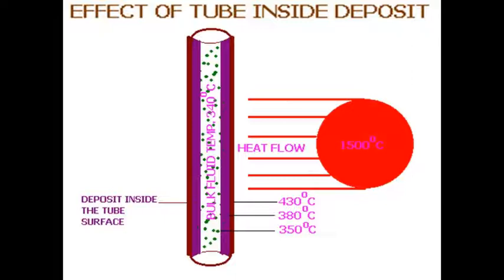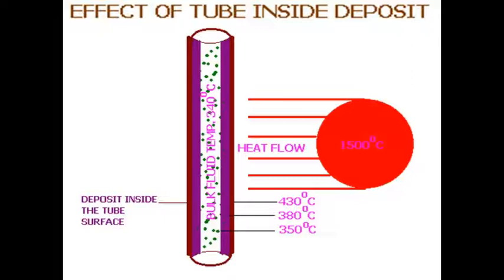Whatever heat they are receiving, due to the resistance posed by these scales, the tube metal temperature increases beyond the normal temperature, and instead of 400, the temperature comes out to be 430. The inner side of the tube material comes to around 380, and the bulk of the fluid is again at 340. So you see there is no change in the bulk fluid temperature, the coolant temperature, but the outside tube metal temperature is changing.